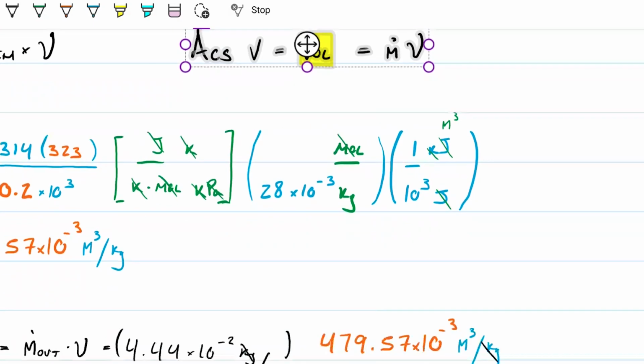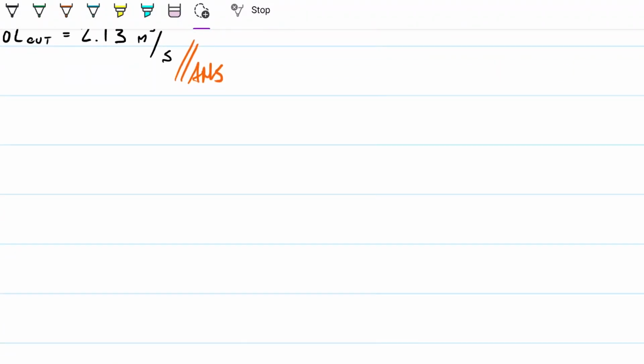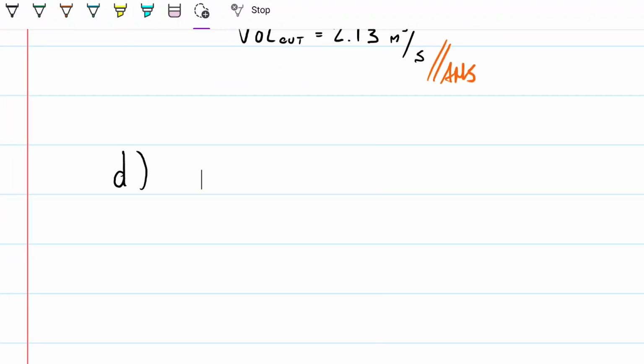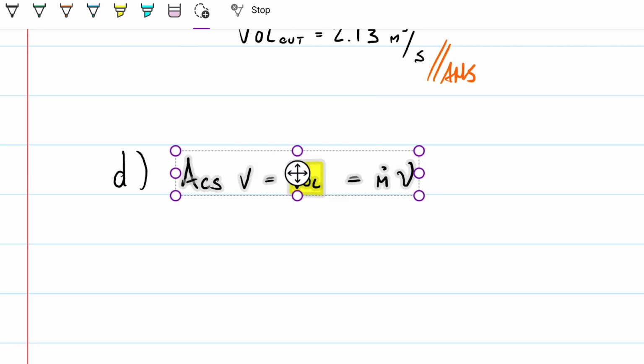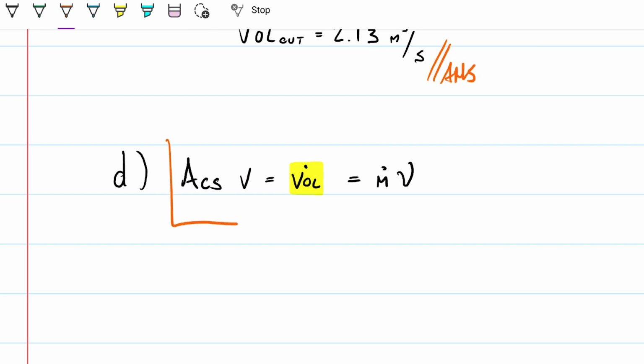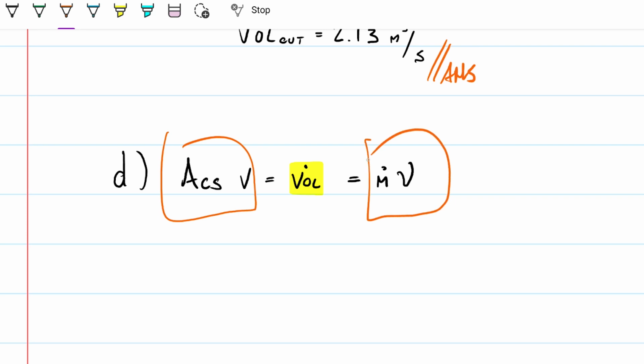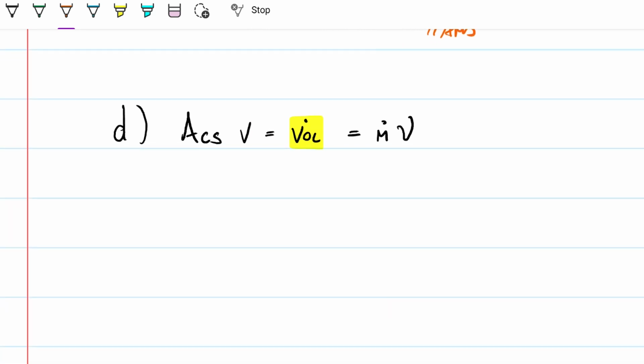If we know that the pipe is constant, so the area is always the same, and we happen to know the volumetric flow rate and the mass flow rate and the specific volume, we can choose to use this relationship here to find the velocity, or obviously this equals this. I find the former to be easier. There's one less term for you to worry about, so let's go ahead and do that.